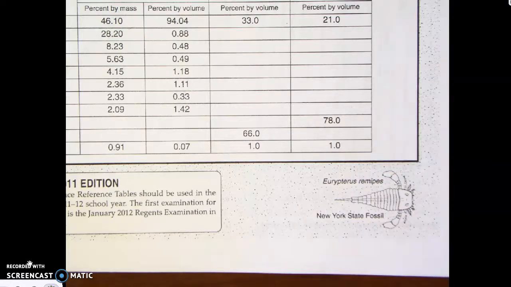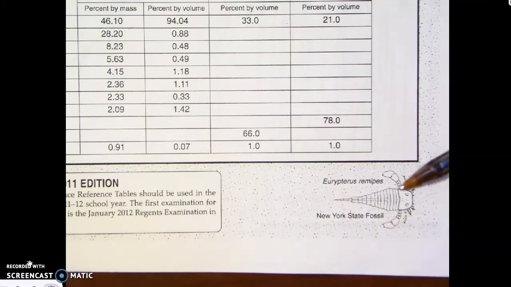There were many different types of Eurypterids, different species, but this particular species is the New York State fossil. And we can see these paddle-like arms for swimming through the water. Again, these creatures lived on the seafloor, and they would swim along the seafloor and kind of scurry along the seafloor, kind of like a crab or a lobster. And they had a pointy stinger on the back, and that's why they're called sea scorpions.